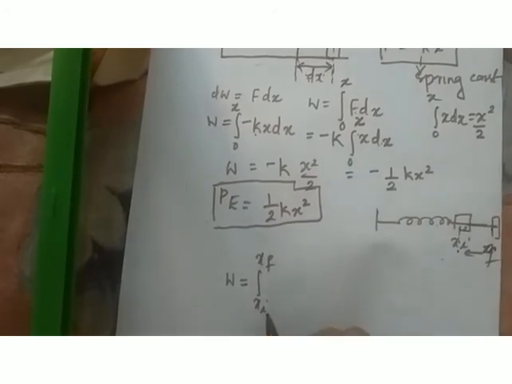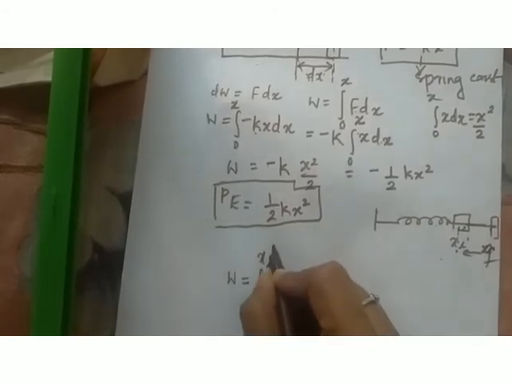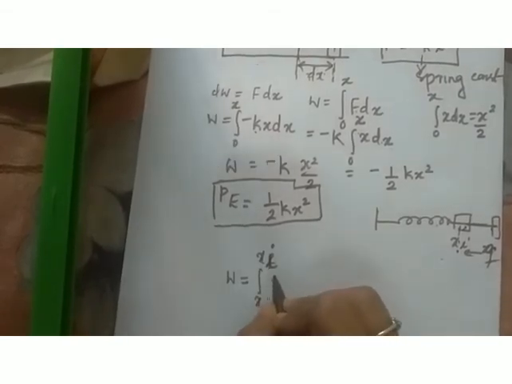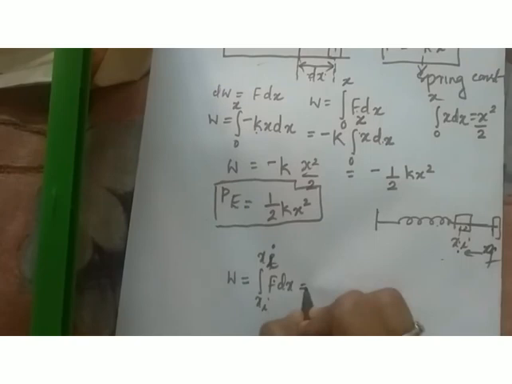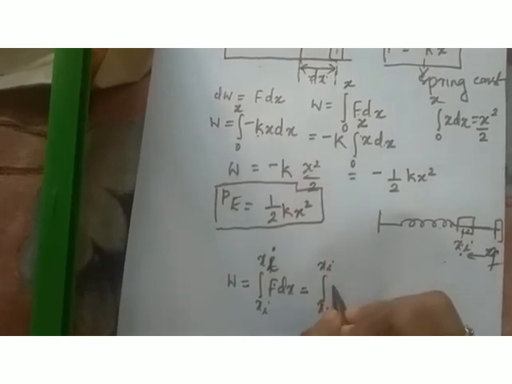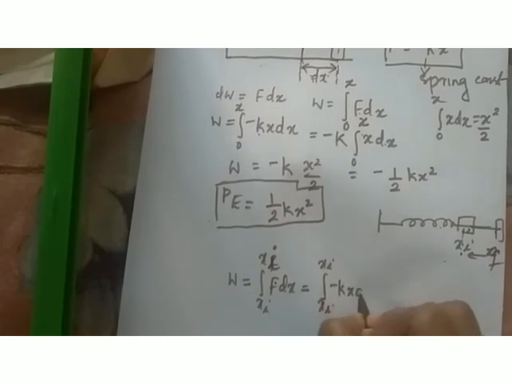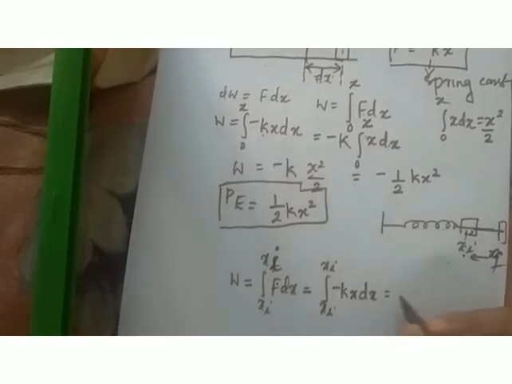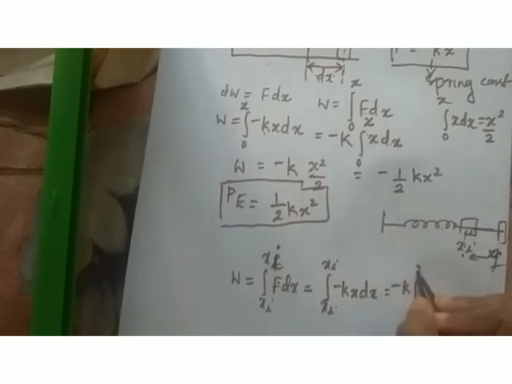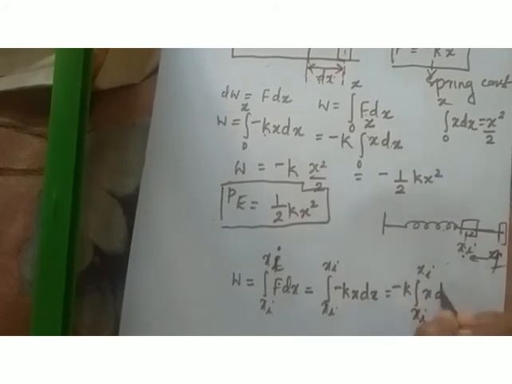So the limits will be xi to xi itself, not xf. Then integral of f dx equals integral xi to xi, f is minus kx dx, then equal to minus k into integral xi to xi x dx.